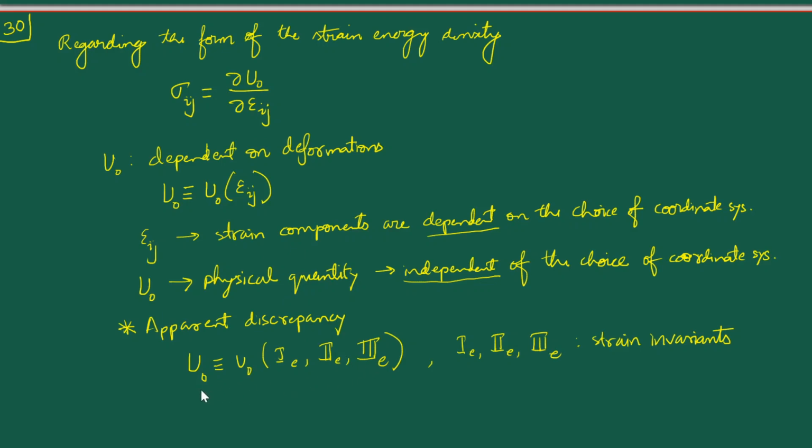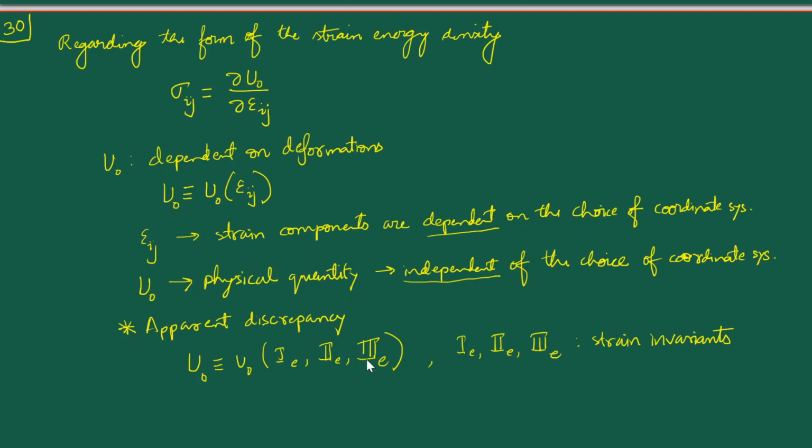So far we have not written down the exact form of how they are connected. We don't know yet. But suppose u naught is just multiplied by a coefficient and then I3E. Then what will be the implication of that?